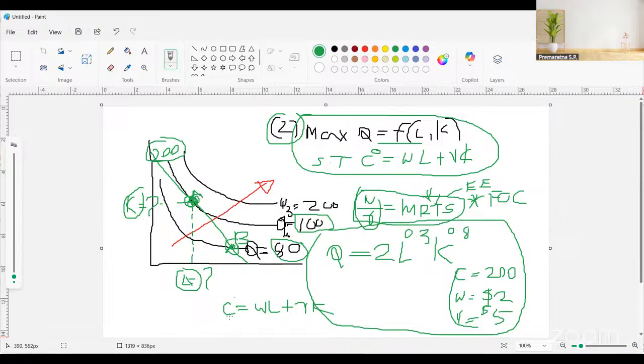The cost curve is given. So for example, 200 equals 2L plus 5K. Now, solving these two equations, number 1 comes from here, number 2 comes from here. You can find the answers.